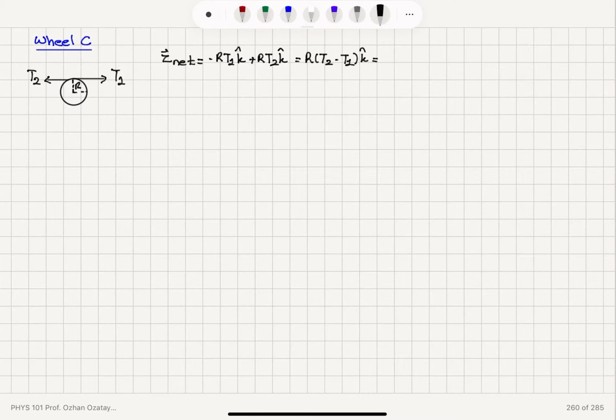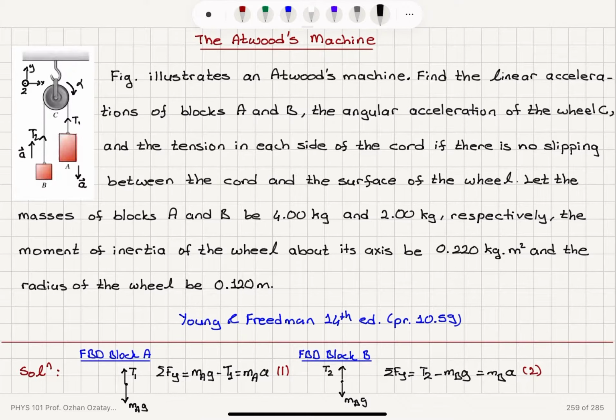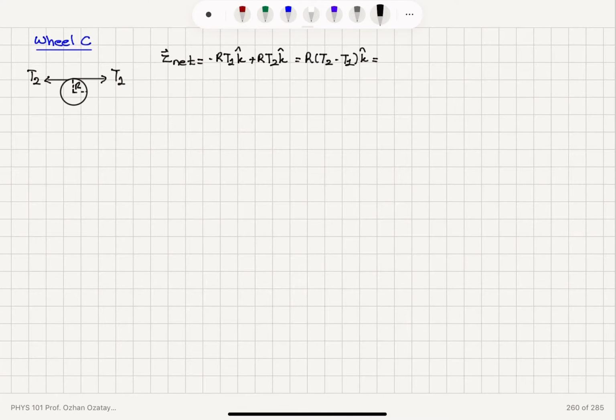My acceleration is in a minus k hat direction, so this is going to be equal to minus I alpha k hat. Why? Because the angular acceleration alpha is pointing in the clockwise direction. So if alpha is the magnitude of this, then I would have a minus sign here. Okay, so this gives me T1 minus T2 times R is equal to I alpha.